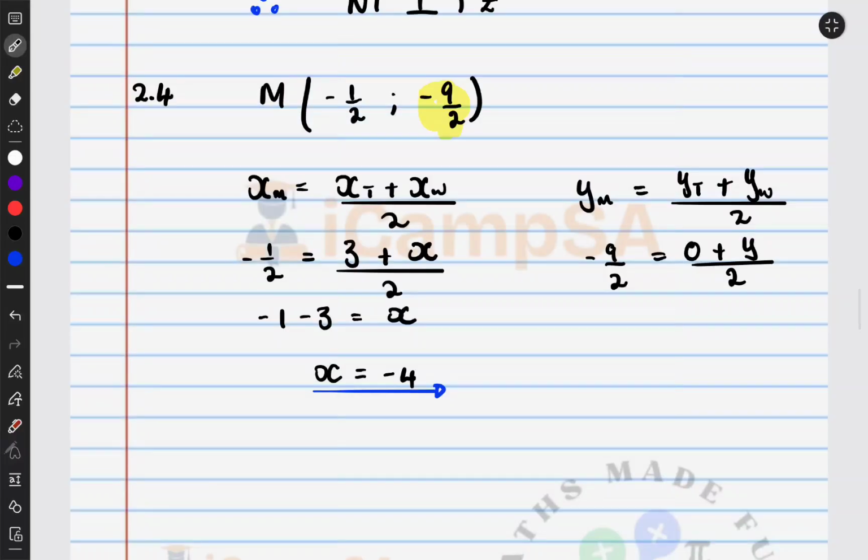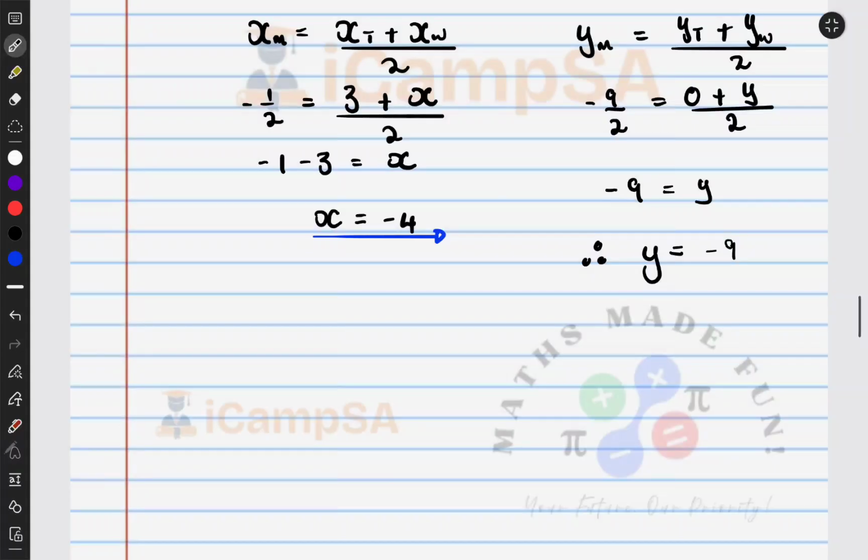Okay, and therefore here we multiply by 2 on both sides, which gives us -9 is equal to y. Therefore y is equal to -9, which makes the coordinates of w, x and y, to be -4 and -9. So the coordinate of w is -4 and -9.